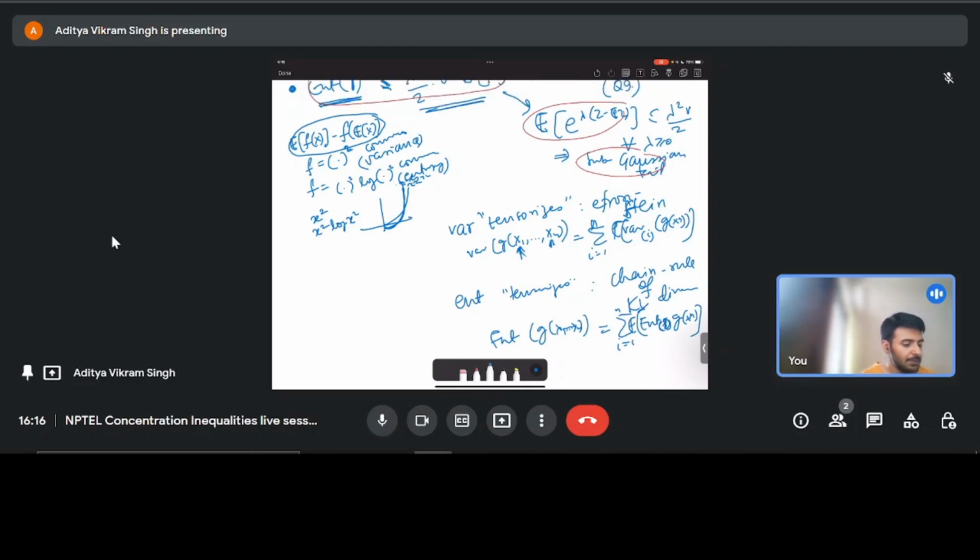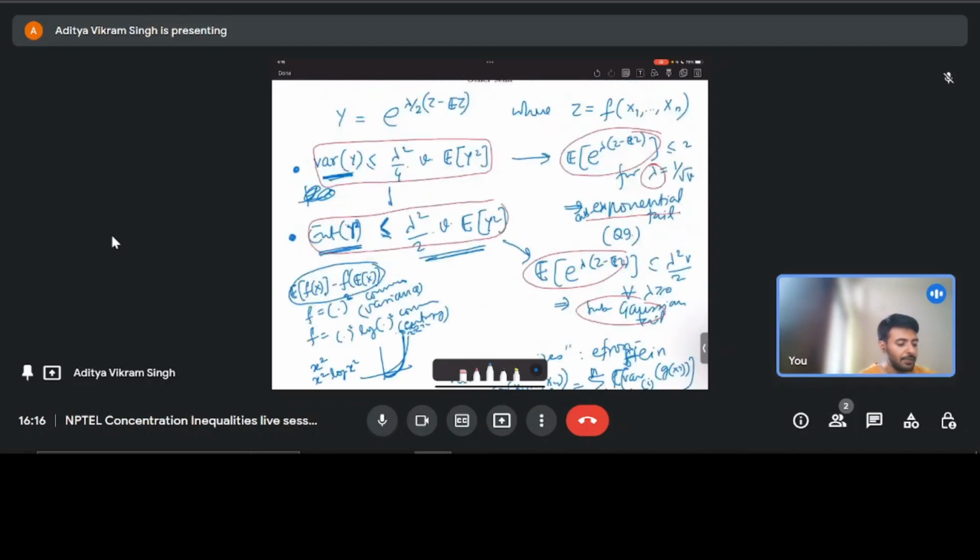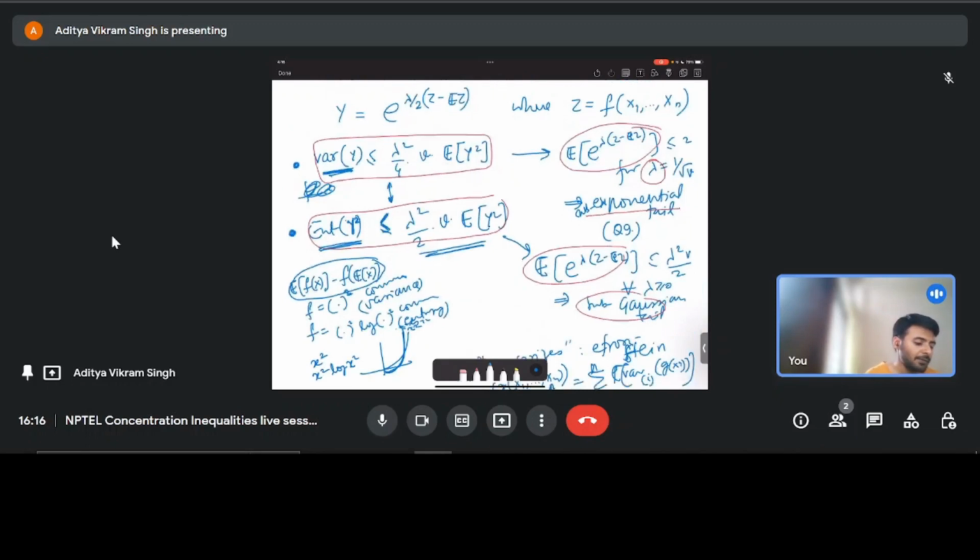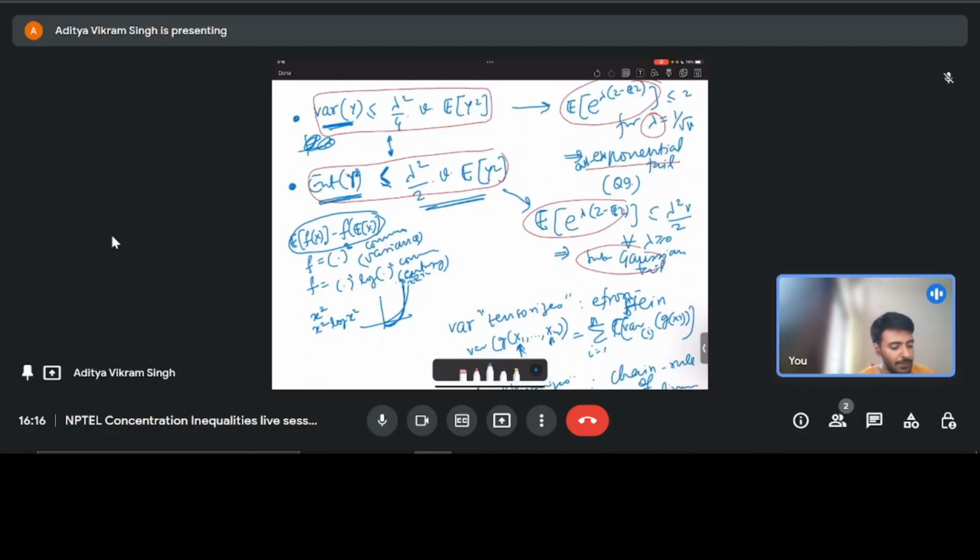And this is why these inequalities are useful. If you are given a function of n random variables and you want to see if this entropy bound or this variance bound holds, you can break down the dependence. Here, Y is e to the power lambda by 2 times f of xn minus the expected value of f of xn.